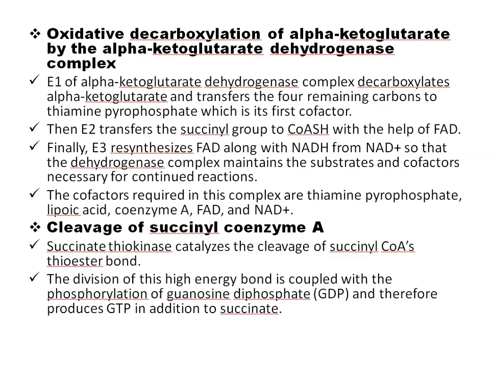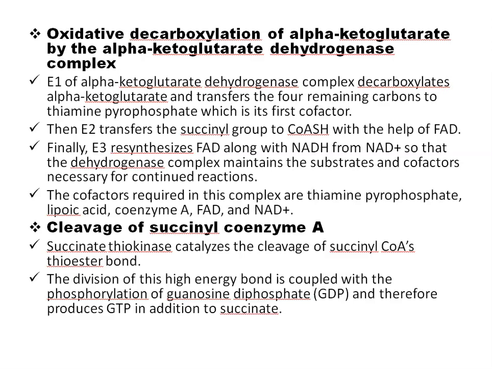E1 is oxoglutarate dehydrogenase, E2 is dihydrolipoyl succinyl transferase enzyme, and E3 is dihydrolipoyl dehydrogenase, right? It also requires some cofactors like thiamine pyrophosphate, lipoic acid, coenzyme A, FAD, and NAD, etc.